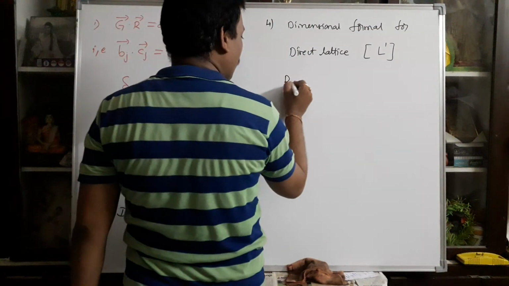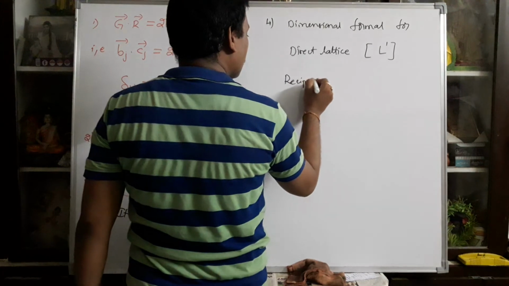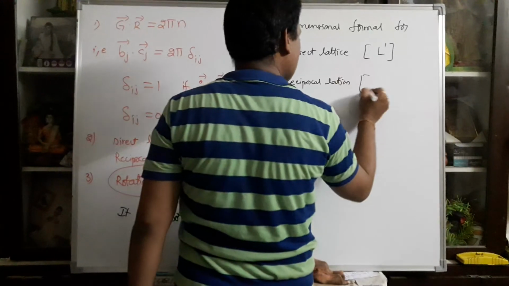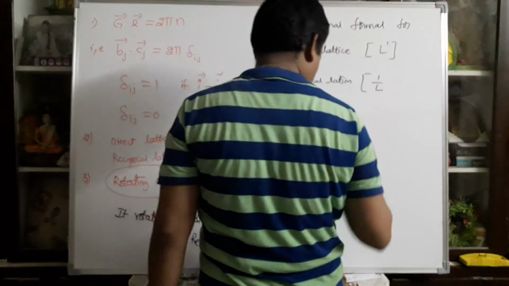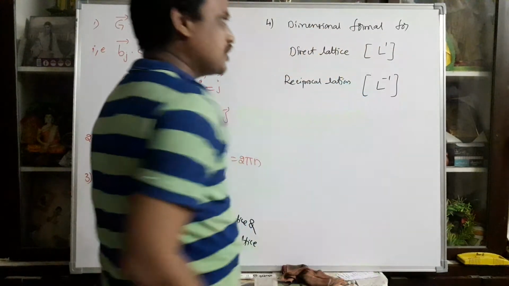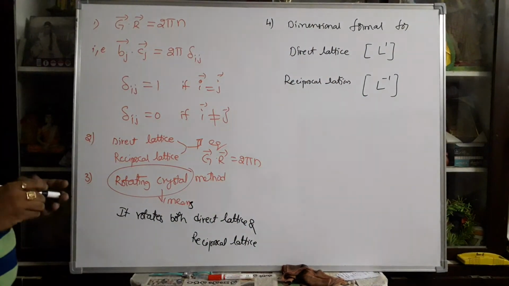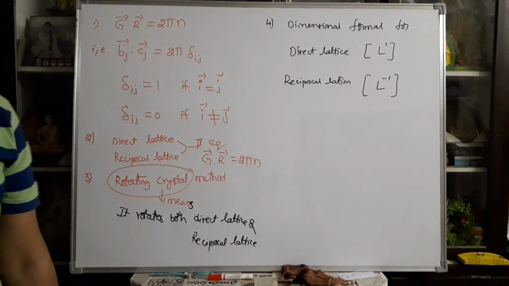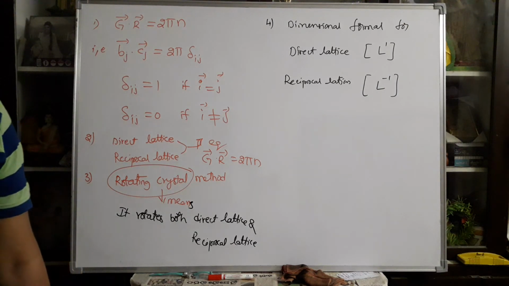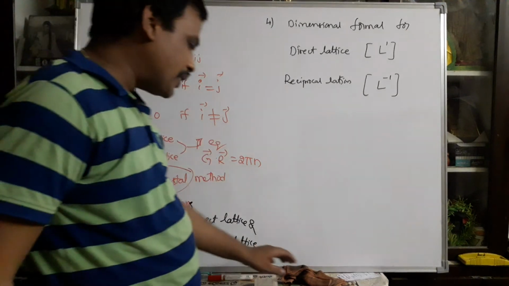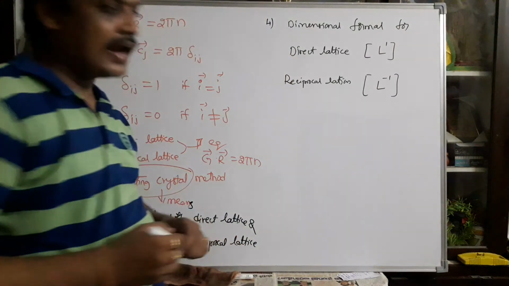For the reciprocal lattice, the dimensional formula can be taken as 1 by L, that is L power minus 1. So the dimensional formula is L for the direct lattice and L power minus 1 for the reciprocal lattice. So this is the representation of the reciprocal lattice.